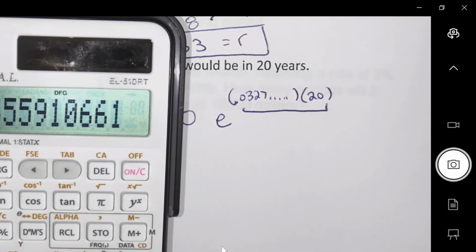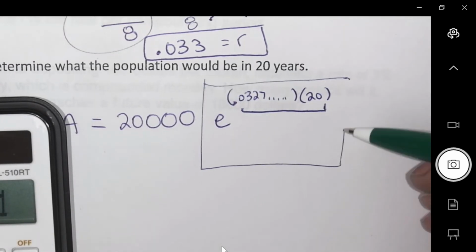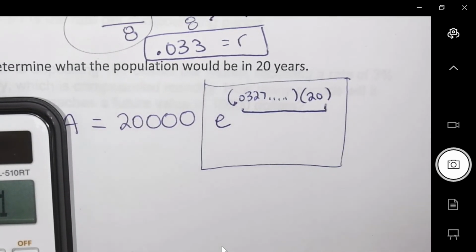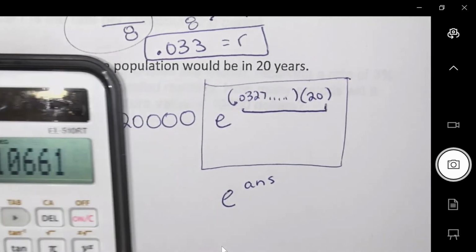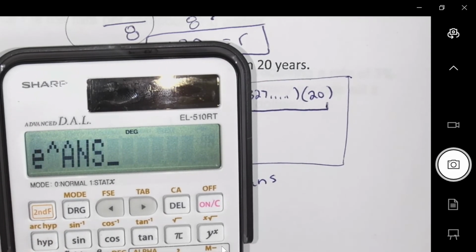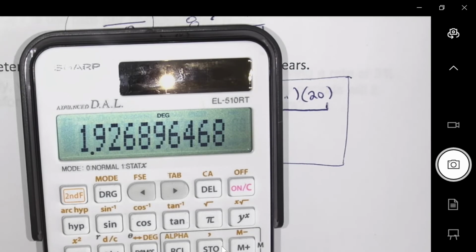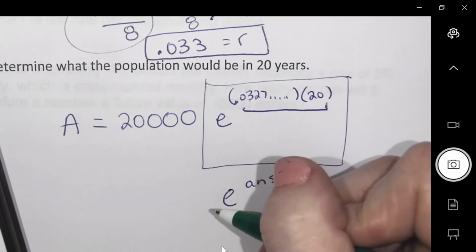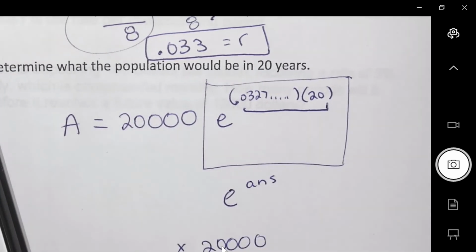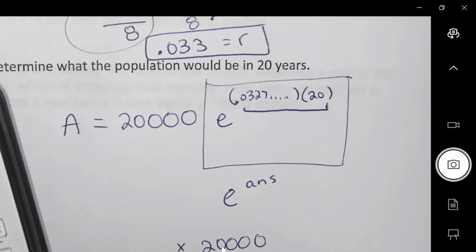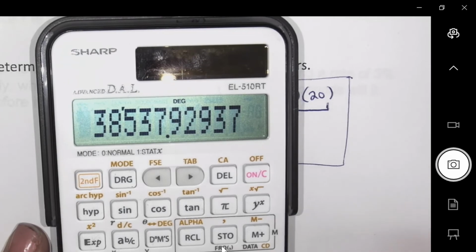Now what? Now I need e to that. I'm going to go e to that answer. So e to that answer. Good? Now I'm going to times by the 20,000. Okay, and this is people, so let's round to a whole number on that answer.